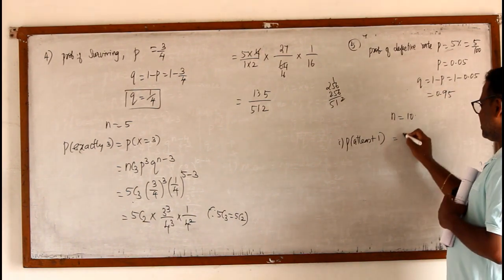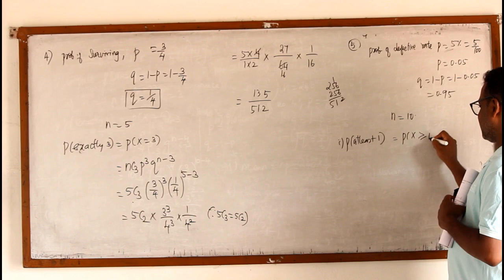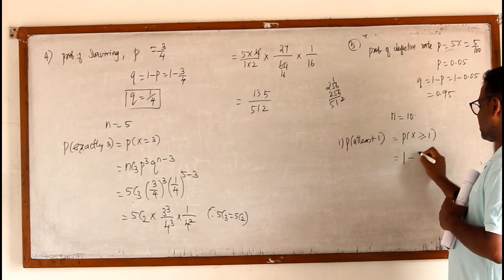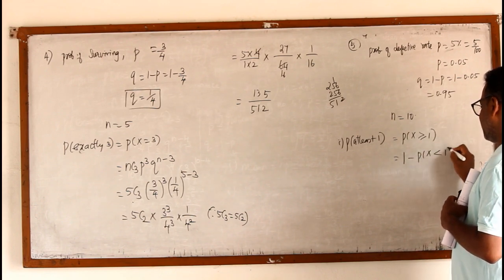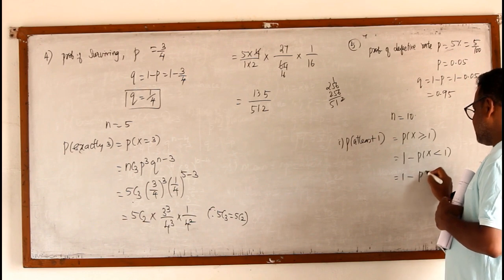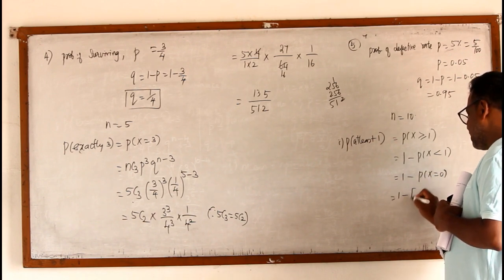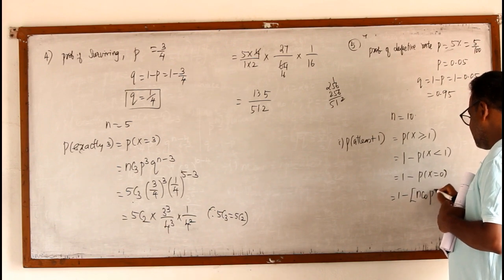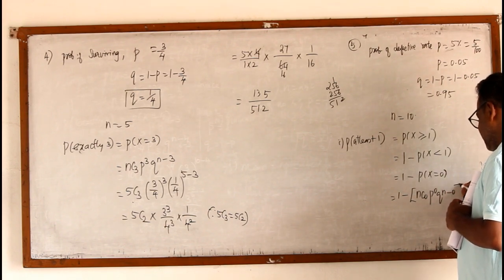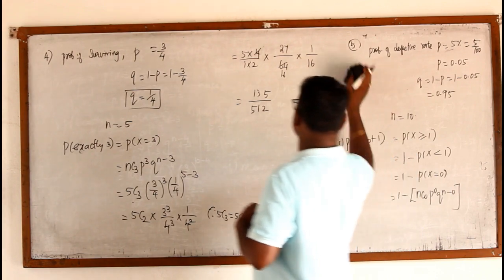Therefore, at least 1 means P of x greater than or equal to 1. Shall I write this as 1 minus P of x less than 1? Is it not 1 minus P of x equal to 0? That is 1 minus nC0, P power 0, Q power n minus 0.